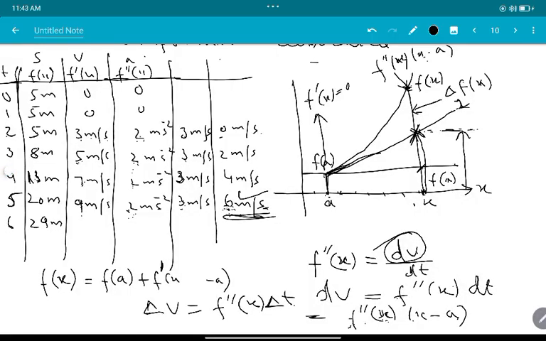Then what we will do, first we will calculate the total change in acceleration, just as we calculated total change in velocity, by including f triple dot x and the time interval. And then from that total change in acceleration, we will go to total change in velocity. From total change in velocity, we will translate that into the equivalent distance traveled.